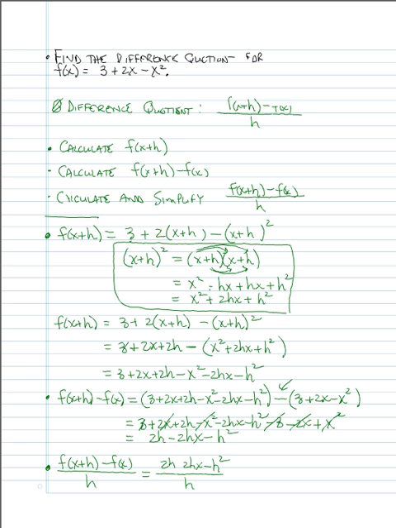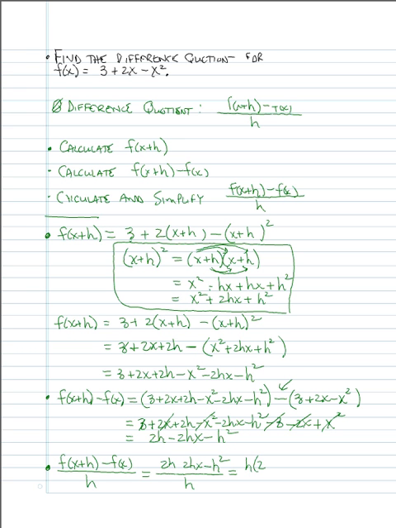Now the only way we're going to be able to simplify is by reducing the fraction. That is, canceling that h that's in the denominator. And the only way we can do that is if we have a factor of h in the numerator. And we notice that each term in the numerator has an h in it, so h is a common factor that can be factored out. So we'll factor out an h in the numerator.